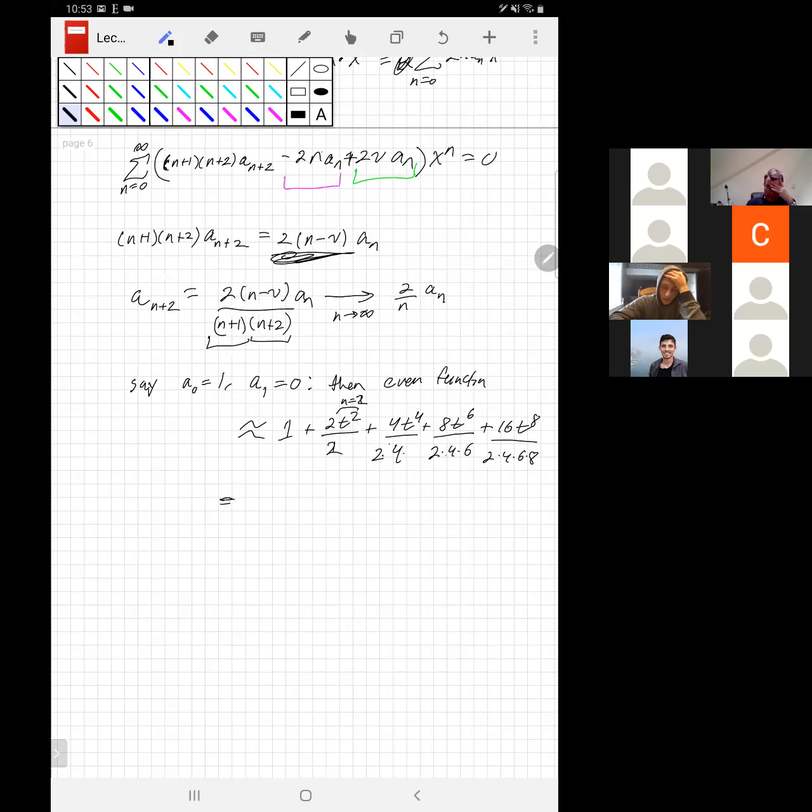Now what we've roughly got is 1 plus t squared plus t to the 4th over 1 times 2 plus t to the 6th over 1 times 2 times 3, because I'm just dividing everything in the bottom by some 2's. Here I've got 2 2's. Divide each of these by 2.